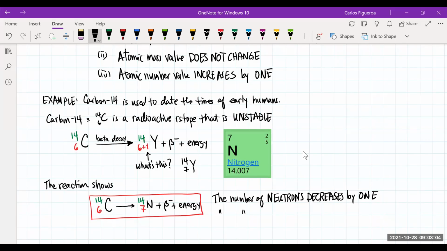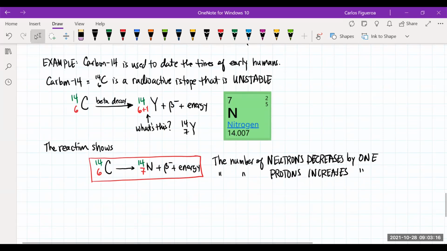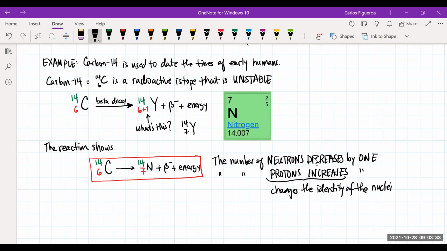The number of protons increases by 1. And because of this right here, right? If the number of protons increases, this changes the identity of the nuclei, right? So it changes it, just like alpha particles changes it.